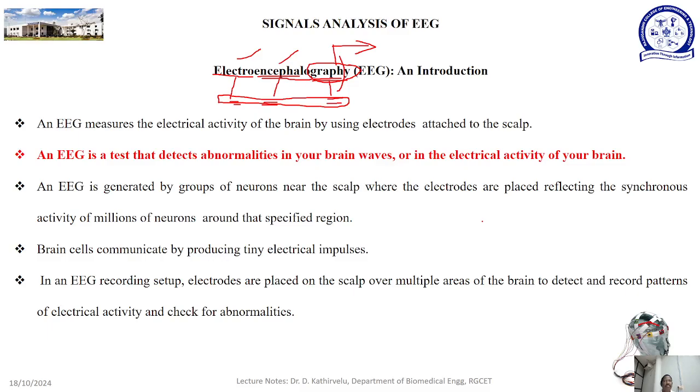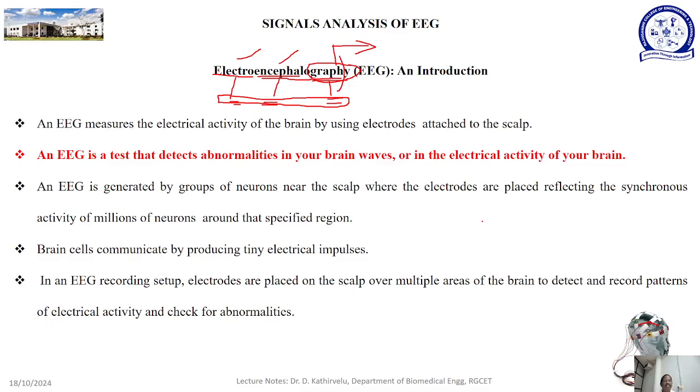These electrodes measure the electrical potentials of the cells in that region of the brain. Likewise, we place electrodes across the entire scalp to record the electrical potentials around it.